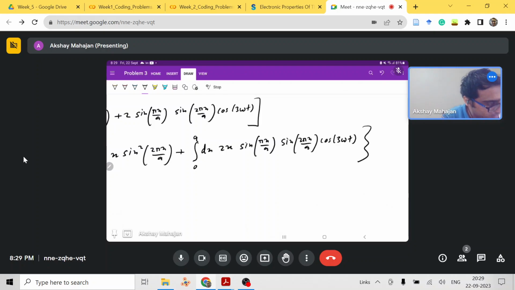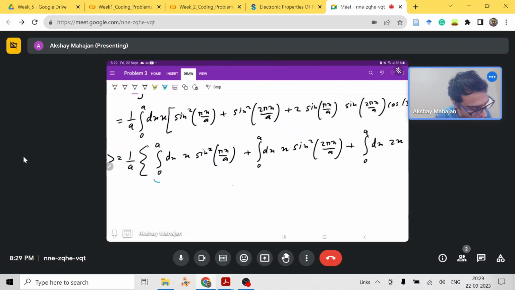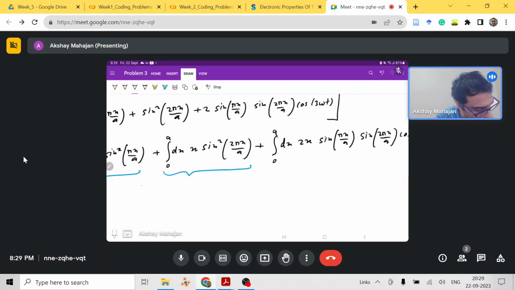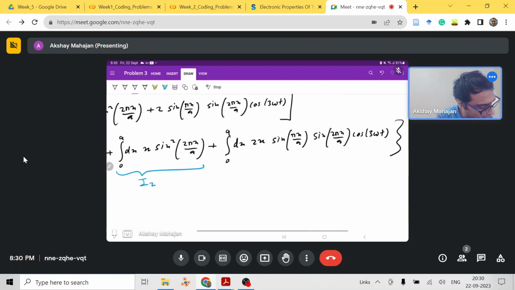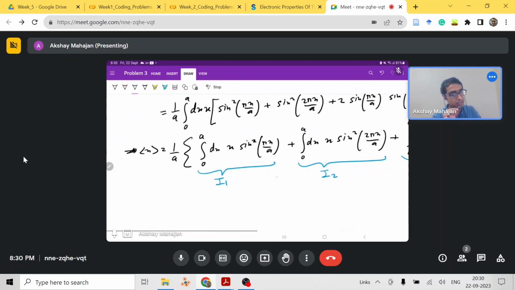Okay, so this is our integration, and here we can see that we basically have to solve these three integrals. We have to solve integral number I1, integral number I2, and this big integral number I3 to get our expectation value of x, and then we just have to do I1 plus I2 plus I3 times 1 by 8.